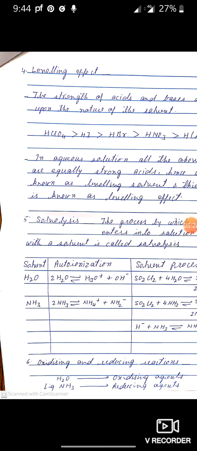Solvation of a cation occurs through ion dipole interaction between the positive cation and the negative end of the solvent dipole, or through coordinate covalent bonds in which the solvent molecule shares a pair of electrons with the cation.